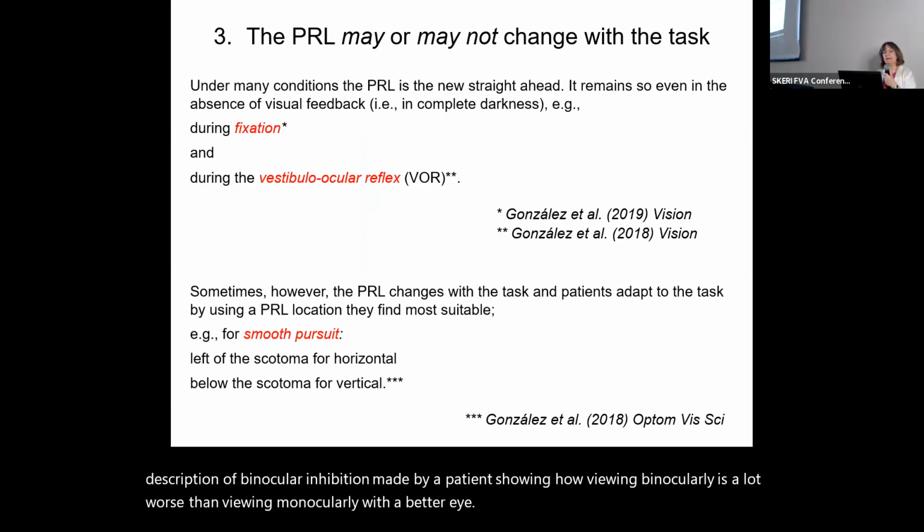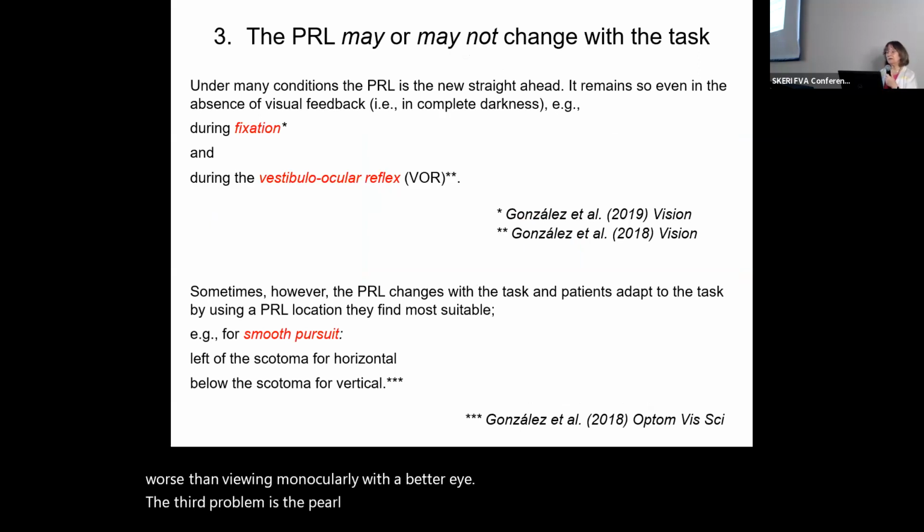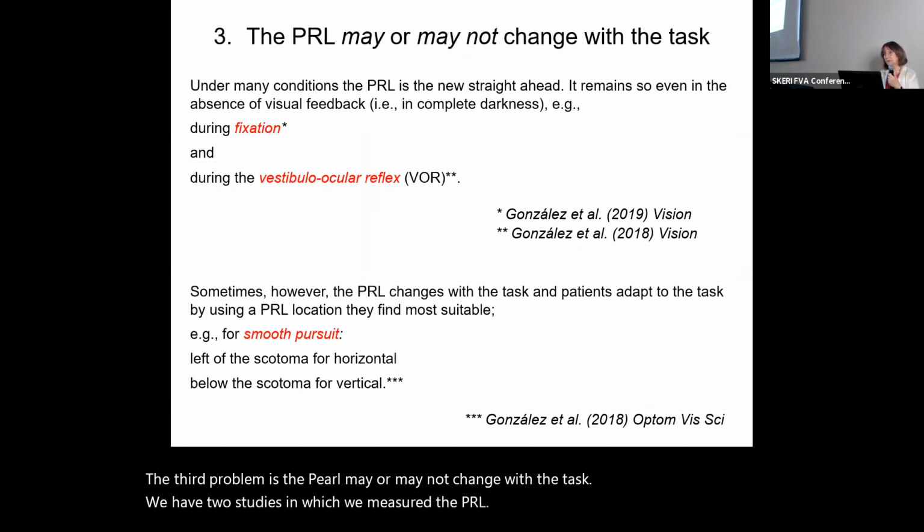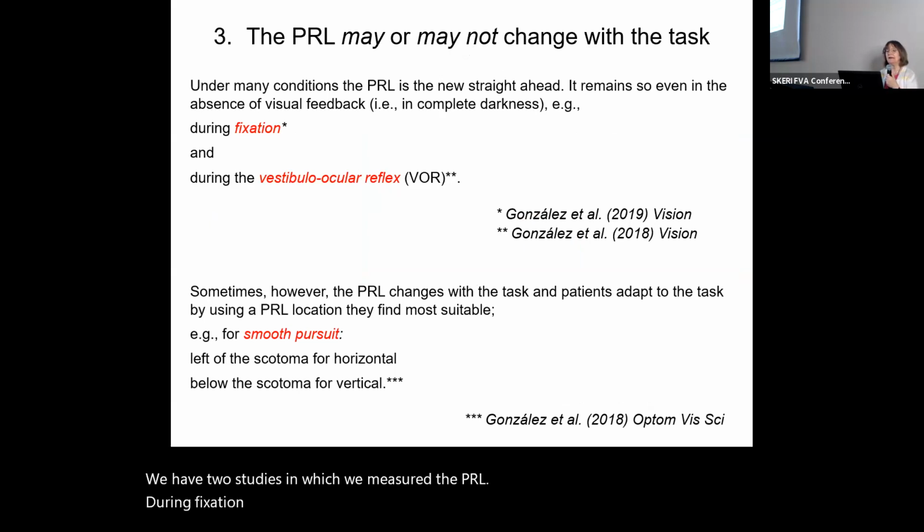The third problem is the PRL may or may not change with the task. We have two studies in which we measured the PRL during fixation, either in the light or in complete darkness, and the PRL during the vestibular ocular reflex.